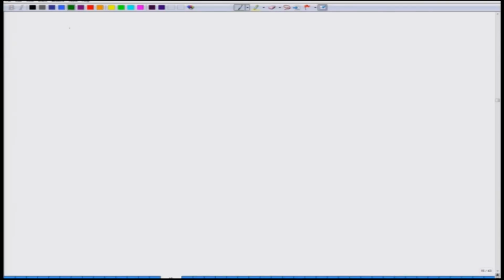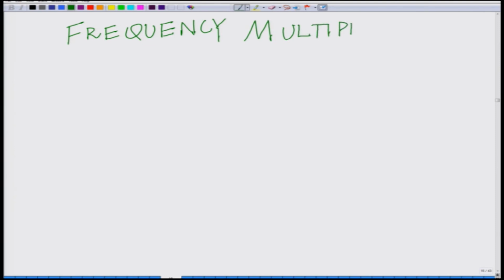So, what we can do to generate a wide band frequency modulated signal is use frequency multiplication.